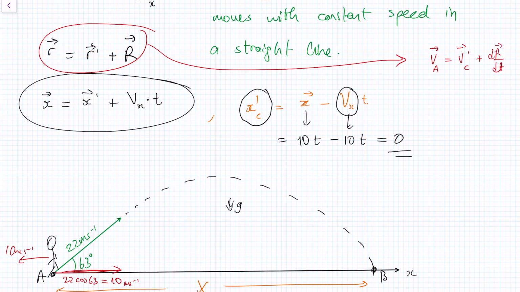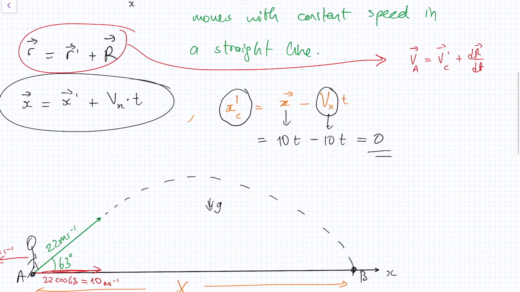In other words, dr dt is simply the velocity in the x direction, the relative velocity of the observers. And if we rearrange that, we get v dashed c is equal to velocity a minus capital V.